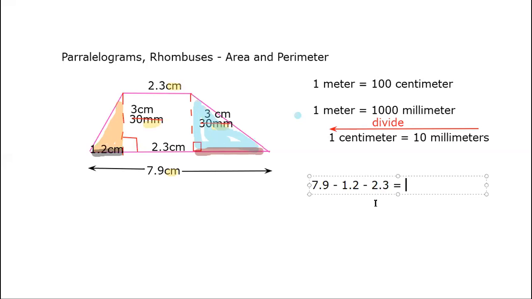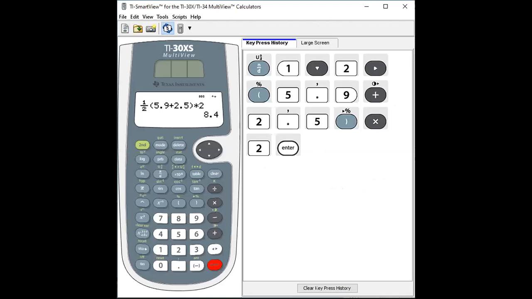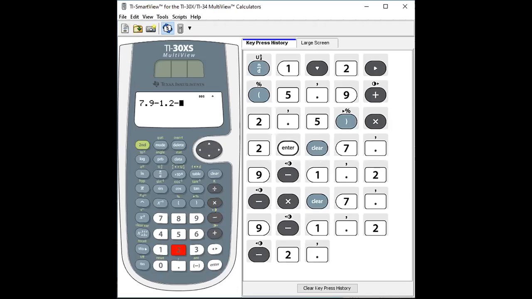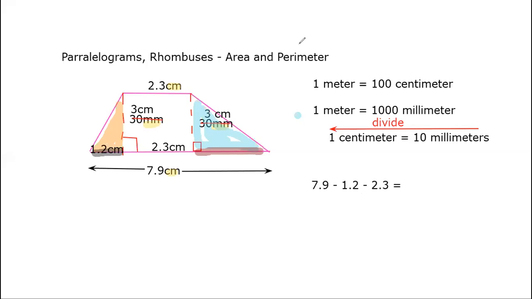So we'll do that on our calculator. 7.9 minus 1.2 minus 2.3. That's 4.4. So the base of that blue triangle is 4.4 centimeters.